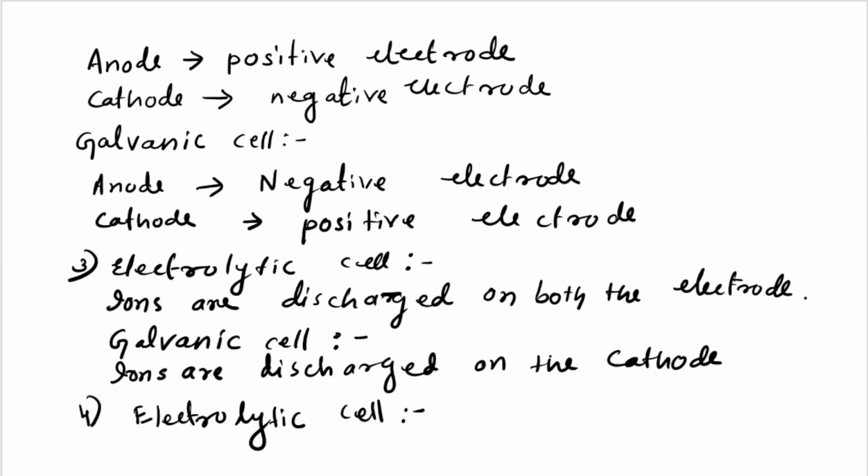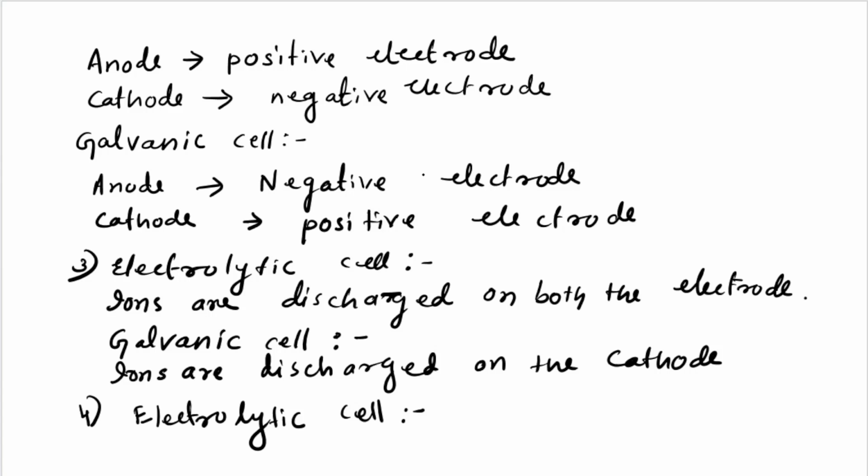Whereas in galvanic cell, just opposite, anode is negative electrode and cathode is positive electrode. Remember, anode is negative electrode. For example, in galvanic cell, Daniel cell, zinc is the anode and copper is the cathode.